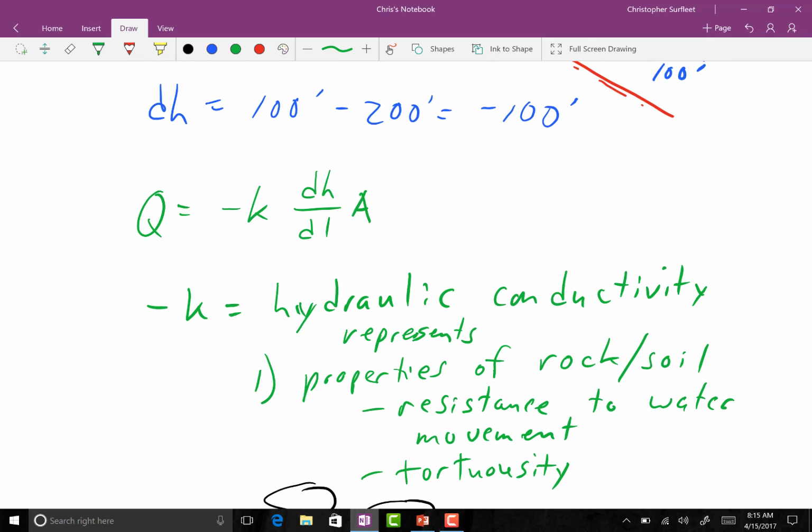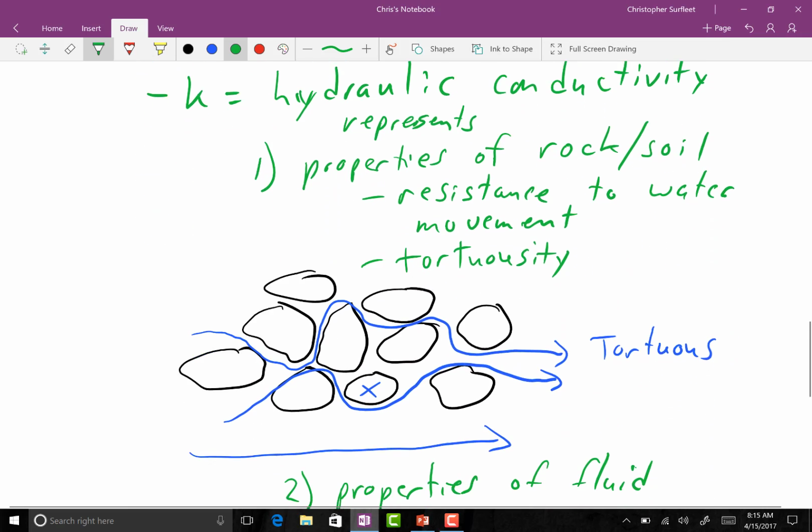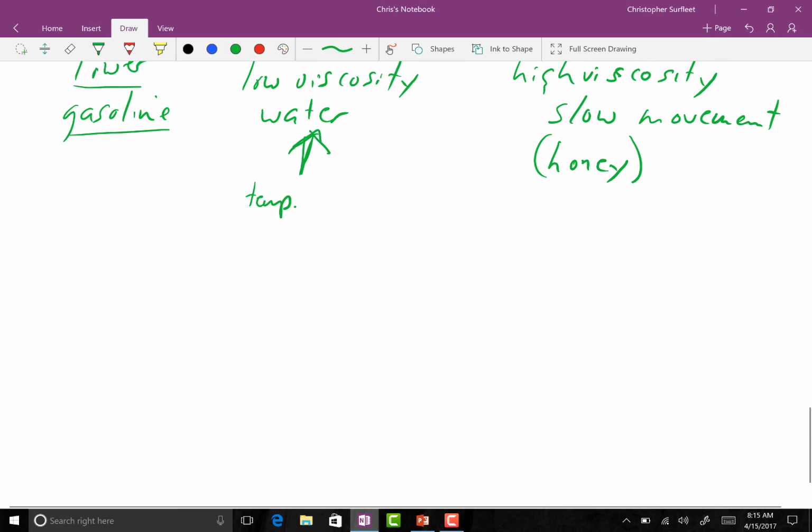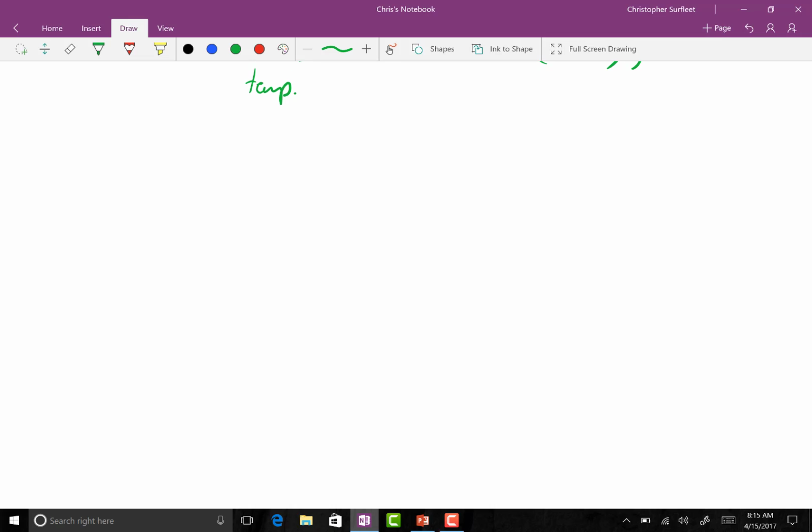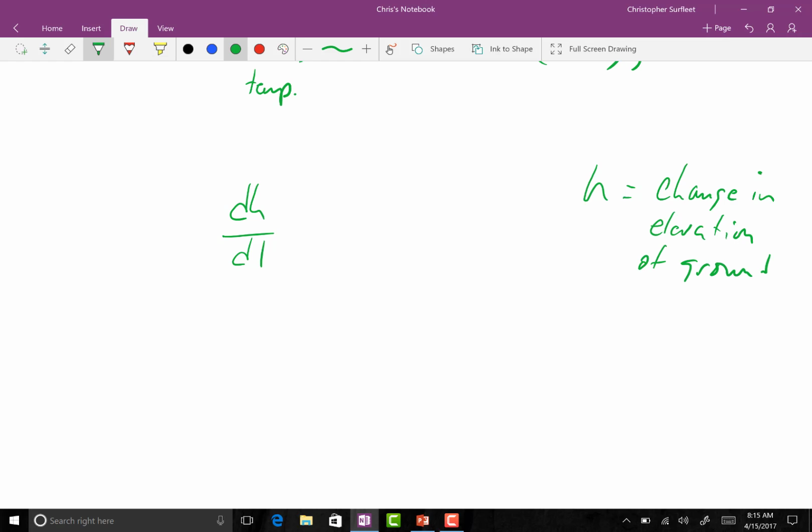Okay, so we also have gradients and head.